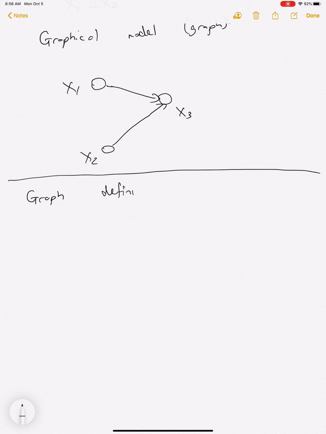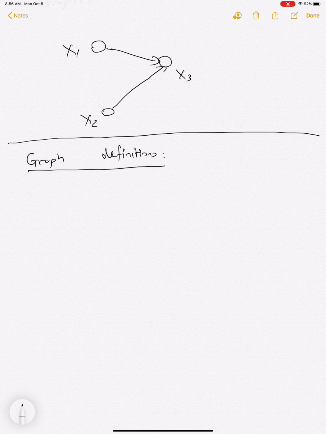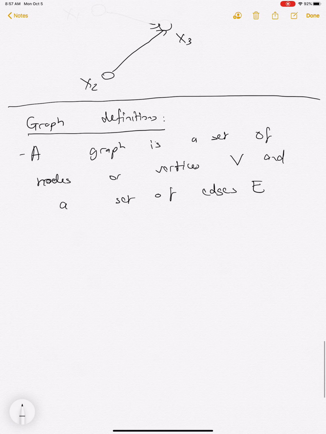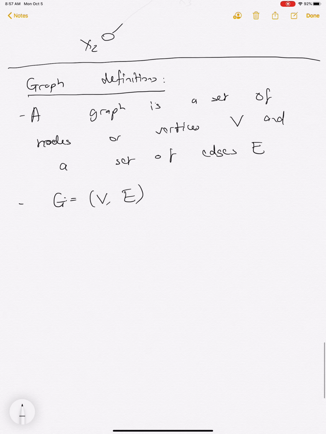We're going to define concepts as we go, but just to say what a graph is, intuitively, a graph is a set of nodes or vertices V and a set of edges E. So we're going to use this notation that G is basically defined by V and E. And we're going to let V here be equal to x1, x2 up to xp.